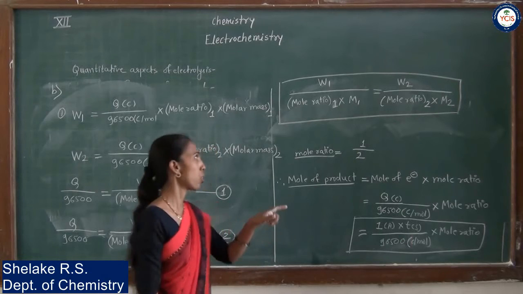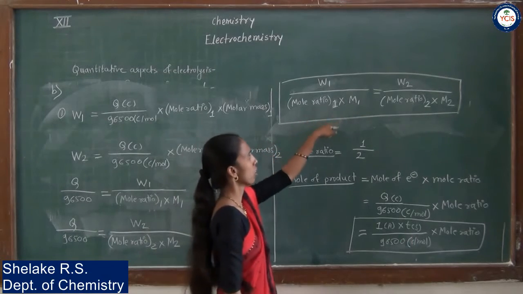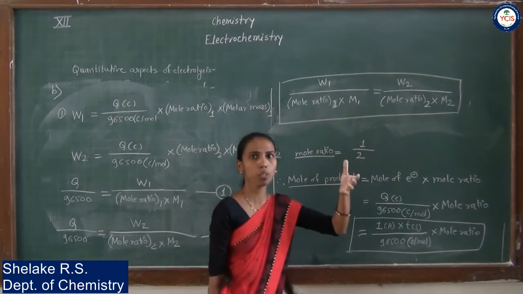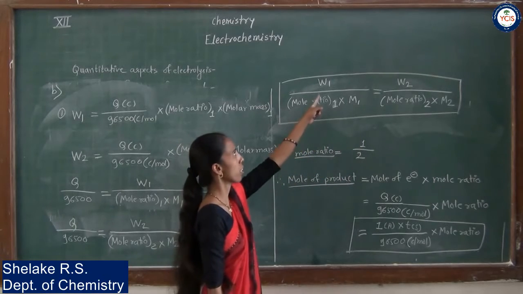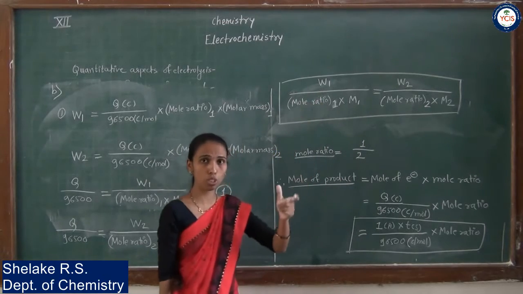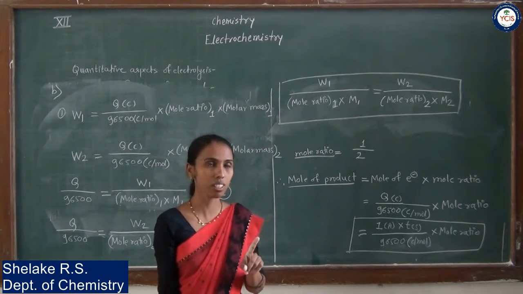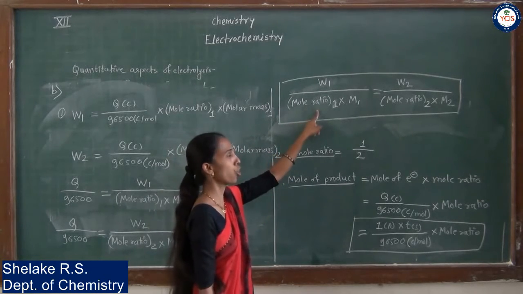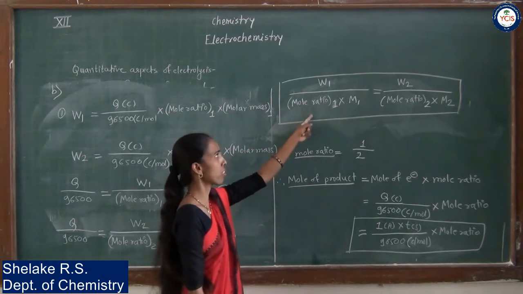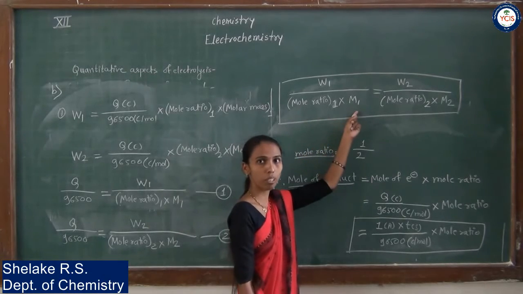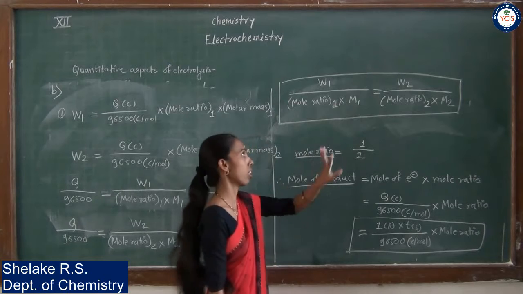So from that, whatever value is given in the problem, you can find out the other values. W1 is the mass of a product formed in the first cell, with the mole ratio of product in the first cell, and M1 is the molar mass of the product of the first cell.